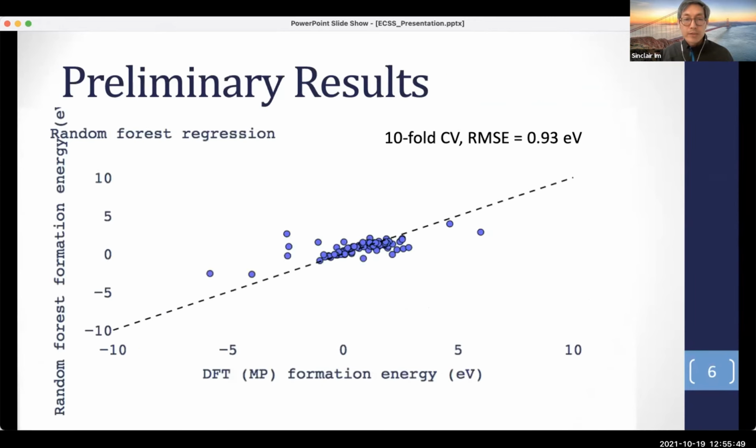So here are some of the preliminary results for this particular case with the random forest regression. It was a fairly good RMSE, but the data set was relatively small. Again, just 114 observations. So while it's promising, we have more work to do.